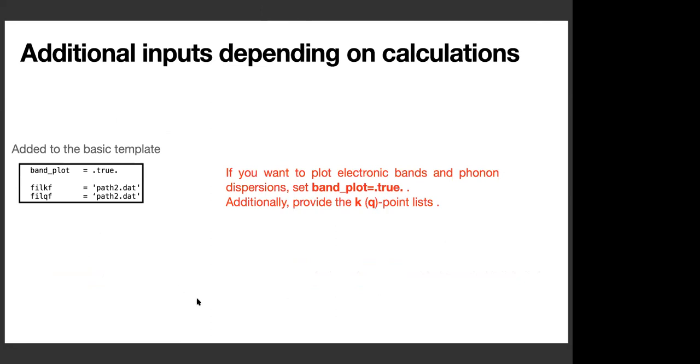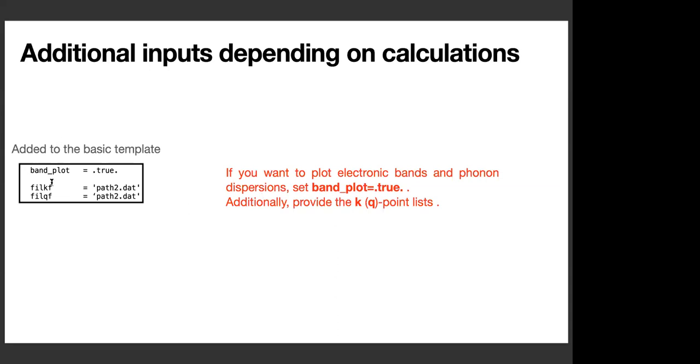And then, with respect to the previous basic input template, for example, if we want to plot electronic bands and phonon dispersion, in this case, you just need to add the band plot input flag to this basic template.